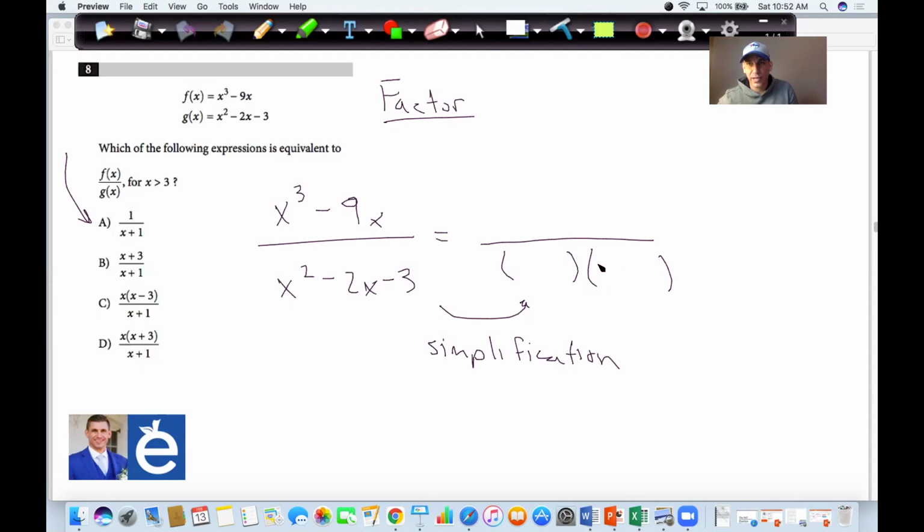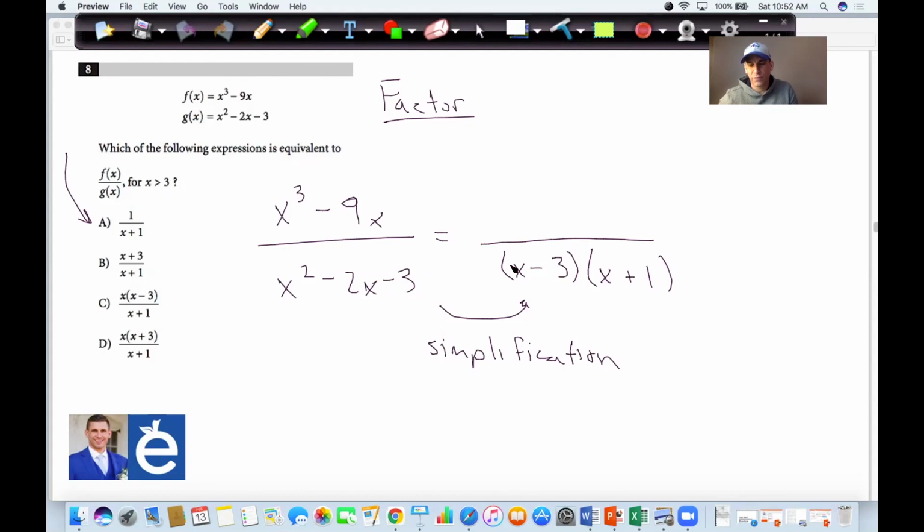Theoretically, I'm using this as a guide, my x plus 1 needs to be a part of my answer choices. So this x plus 1 should be a part of this, and it is, right? If you factor this appropriately, you're going to notice which two values multiplied together will give you a minus 3, but when added together will give you a negative 2. That is an x plus 1 and an x minus 3.